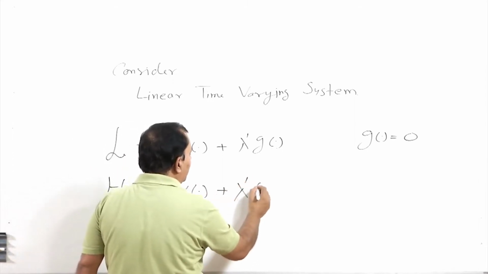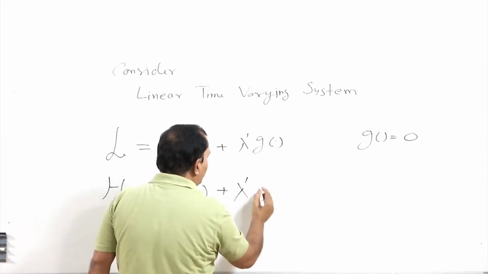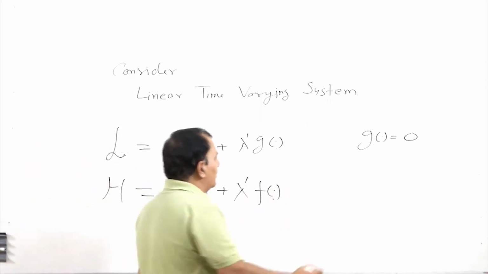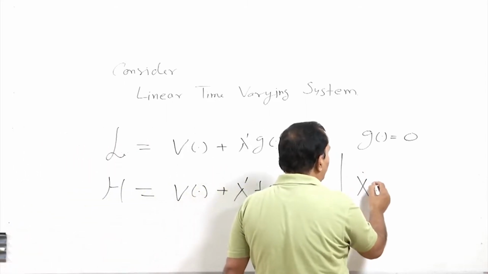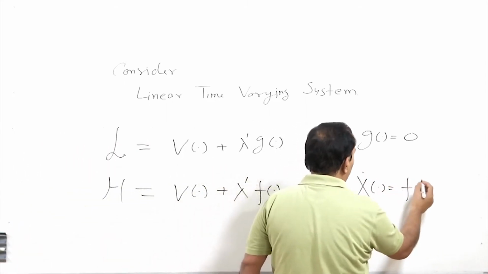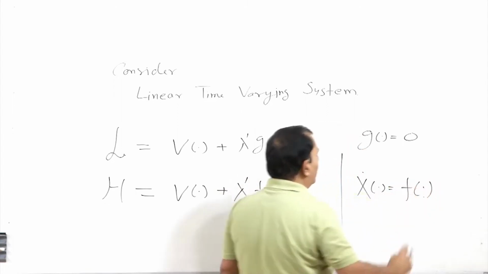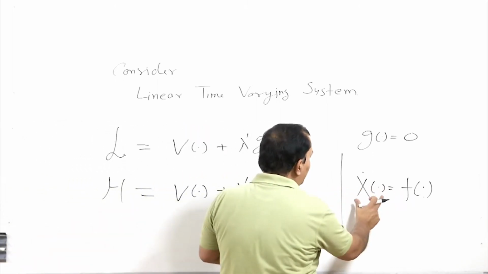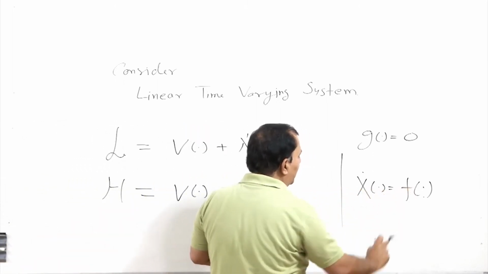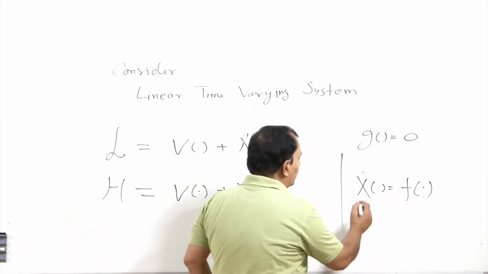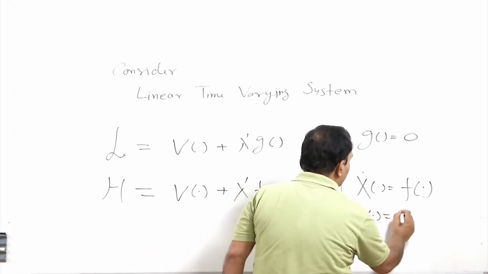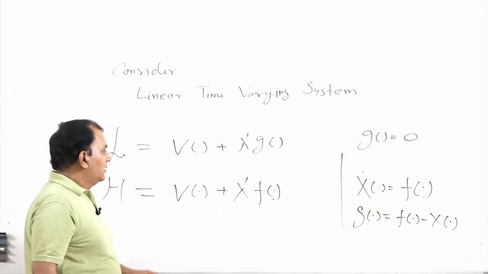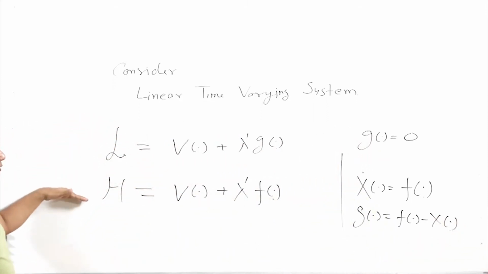Plus lambda prime, here we will take in place of the G, F, where we are considering x dot equal to F. So, only F will be considered here in place of the F minus x dot, which is G. So, for this case my G is F minus x dot. So, this is the difference between the Lagrangian and the Hamiltonian.